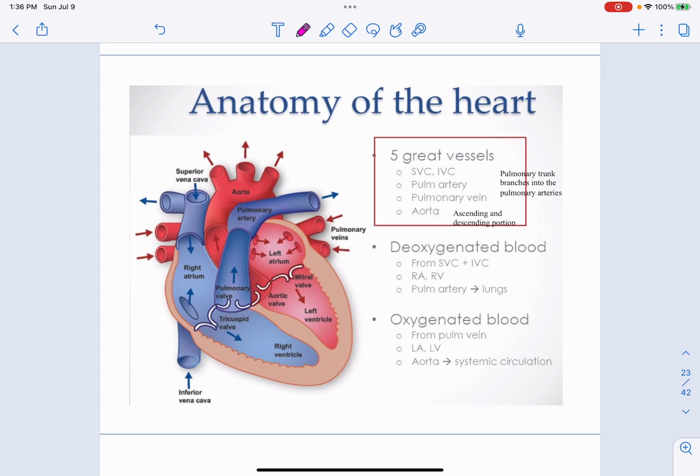But I think it's good to have an introduction to some of these vessels now, and we're going to continue to revisit them.